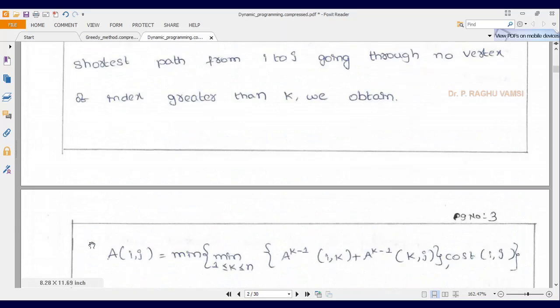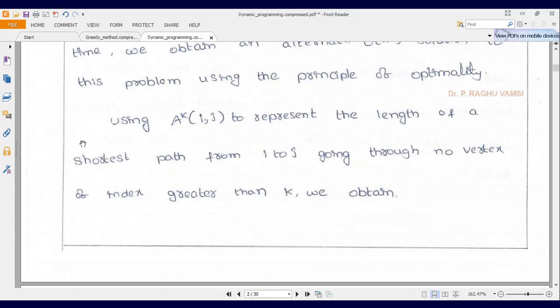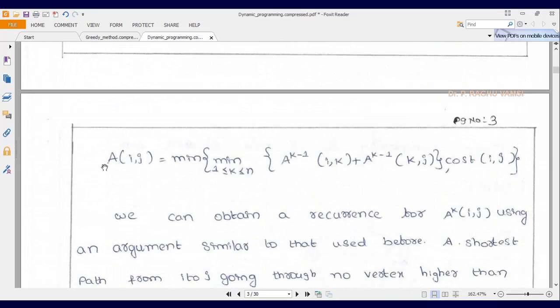Whenever you have this adjacency matrix, using A^k(i, j) to represent the length of a shortest path from i to j going through no vertex of index greater than k, we obtain that A(i, j) is calculated as the minimum over k between 1 to n, k in the sense of the calculation of the shortest path in the adjacency matrix.